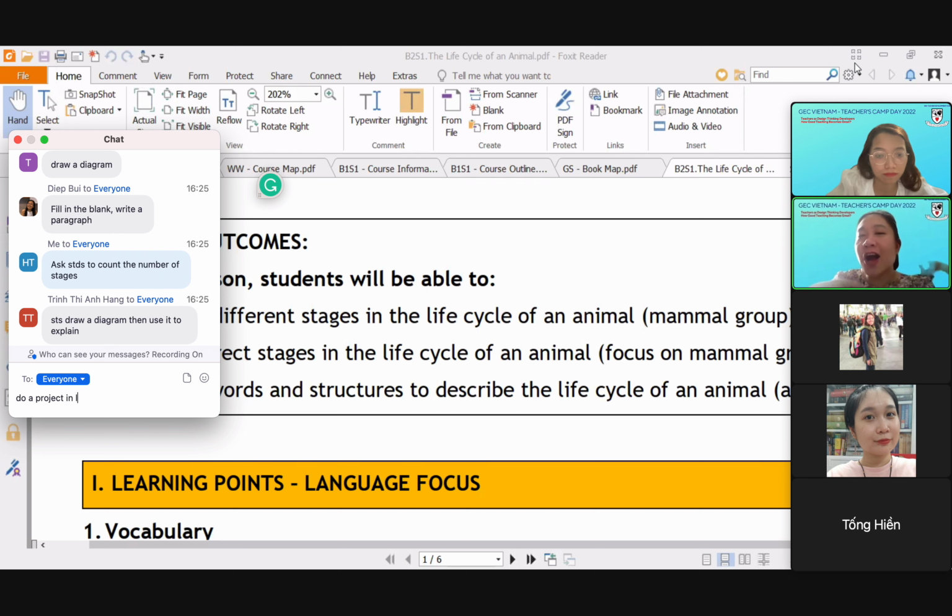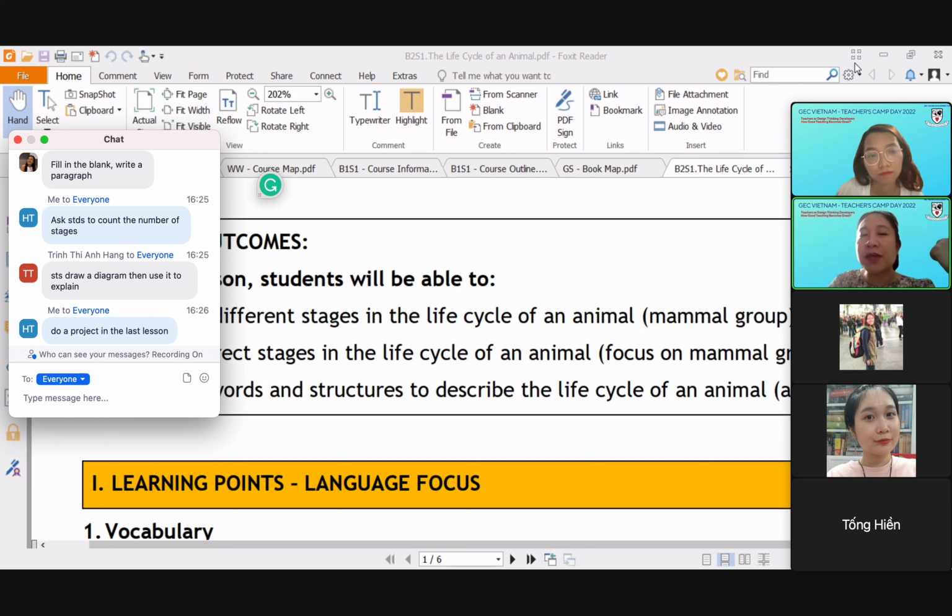Or you can organize a speaking activity with prompts, which are the stages of this life cycle, and then based on the outline, based on the prompts, they speak or do a project. Yes, we have a project. What kind of project here?